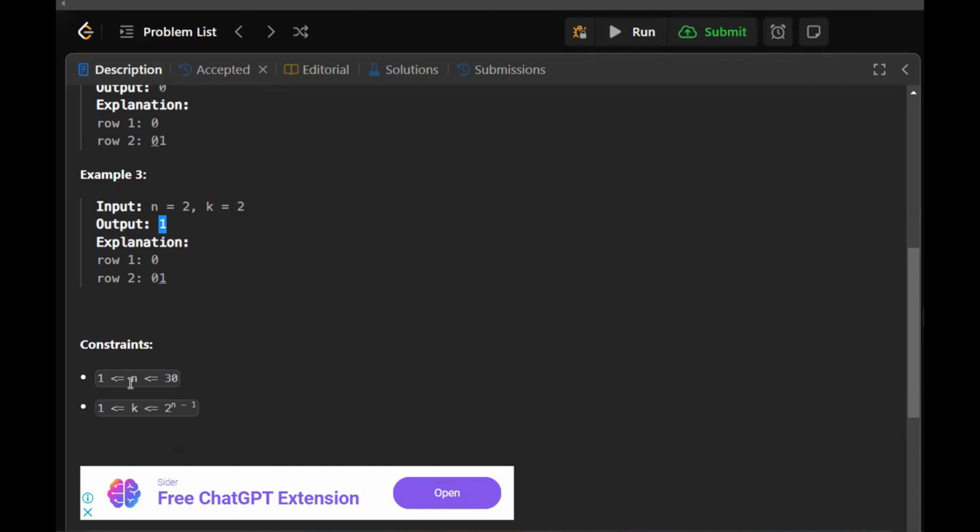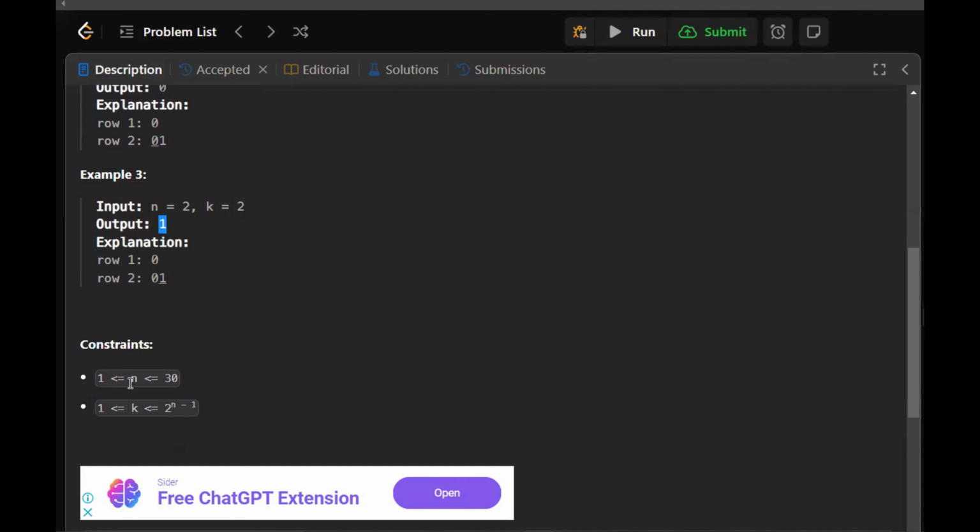Before jumping to the algorithm, let's try to understand and figure out some of the pattern. Initially we are given a value 0. We have to replace each occurrence of 0 with 0, 1 and each occurrence of 1 with 1, 0.